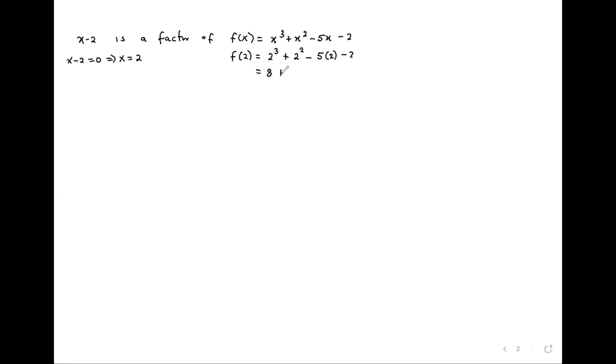This is 8 plus 4 minus 10 minus 2, which is 12 minus 12, equal to 0. Since the remainder is 0, x minus 2 is a factor of f of x.